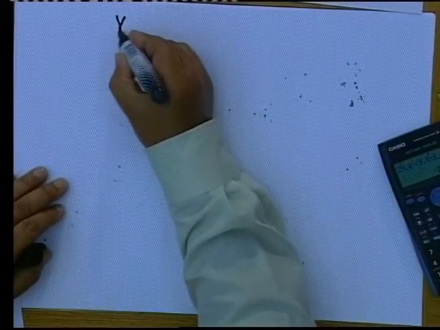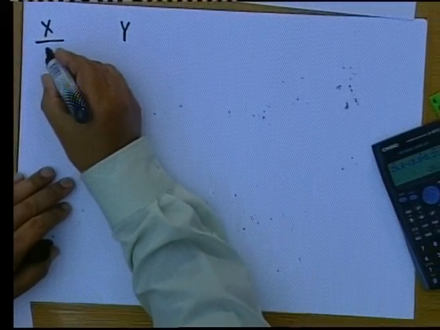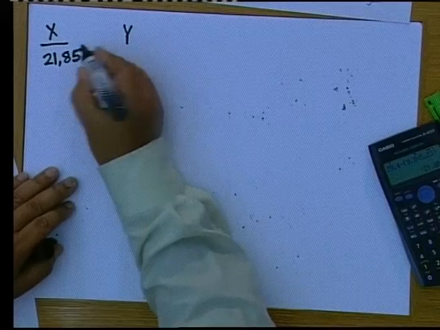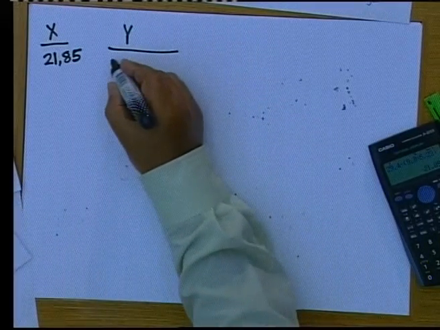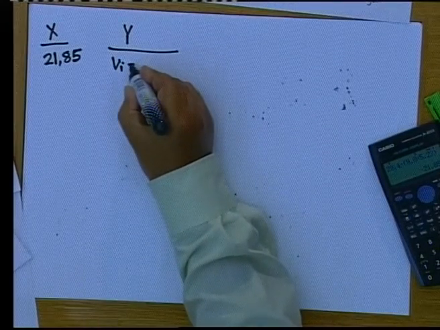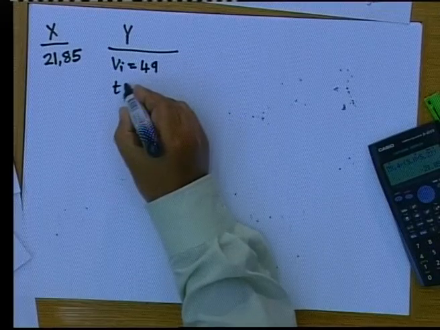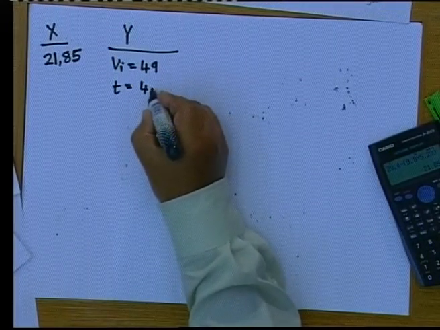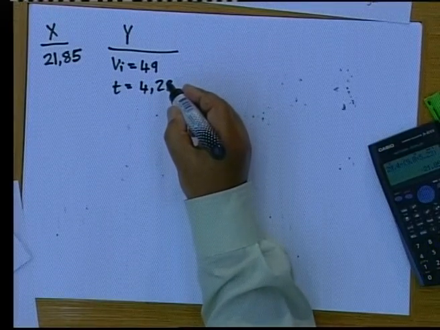For X, the velocity that I've just calculated was 21,85 meters per second, and now I must calculate for Y. What do I have? The initial velocity of Y was 49, and the time is 5,23 minus 1, which is 4,23 seconds. So that's the one that I have.